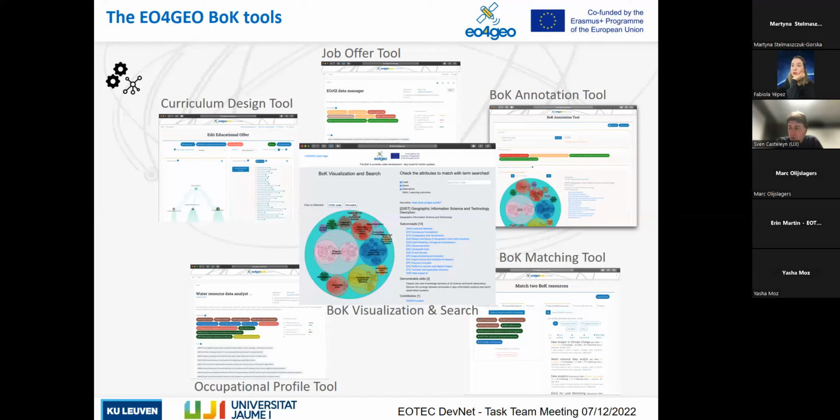There are also some other tools. Some of them are geared toward professionals, and others are geared more towards education. So for the professionals, for example, we have the occupational profile tool that allows us to define a typical profile of a person within the EO/GEO fields. And the key part is that we reuse the body of knowledge here to represent knowledge.